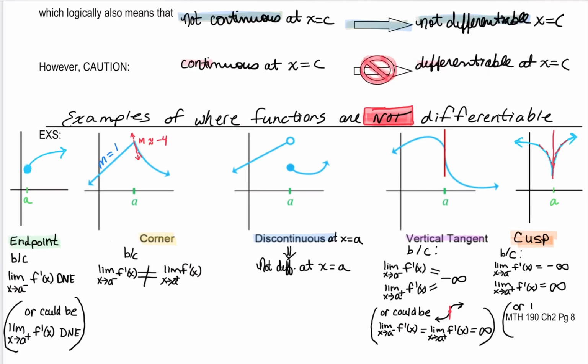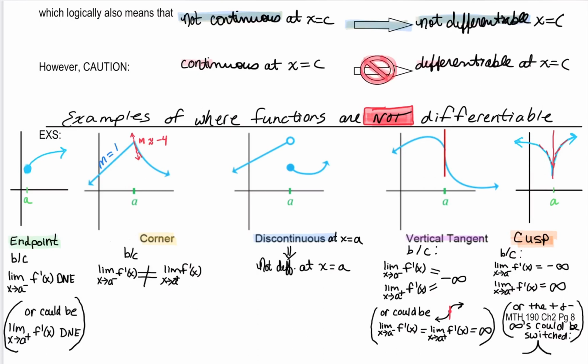So with a cusp point, I'll just make the comment here that the plus and minus infinities could be switched. The first one could have been positive infinity, the second one could have been negative infinity, if you had a graph that maybe looked something like this.